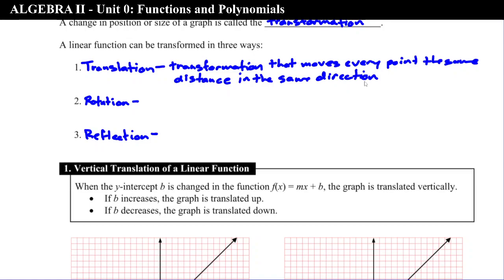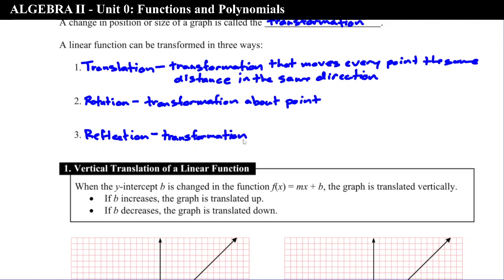Now, a rotation is exactly what it sounds like. A rotation is a transformation about a point. Okay, so you're going to pick some point and the graph will get rotated around that point or about that point. And then finally, a reflection. It too behaves very similarly to how it sounds.